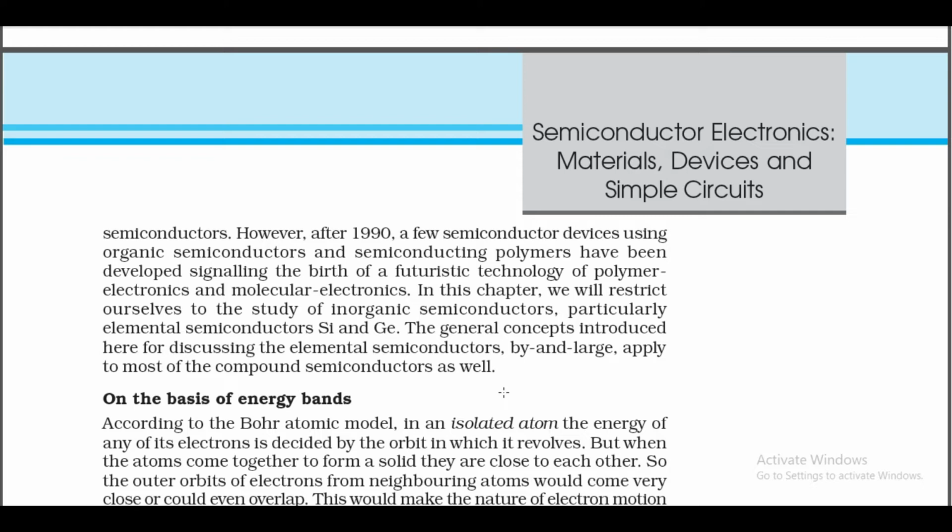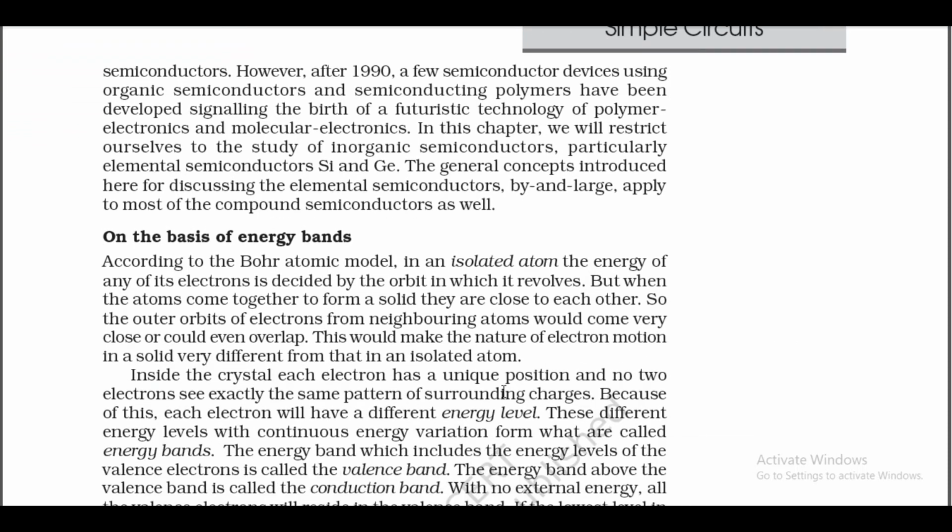In this chapter, we will restrict ourselves to the study of inorganic semiconductors, particularly elemental semiconductors Si and Ge. The general concepts introduced here for discussing the elemental semiconductors by and large apply to most of the compound semiconductors as well.